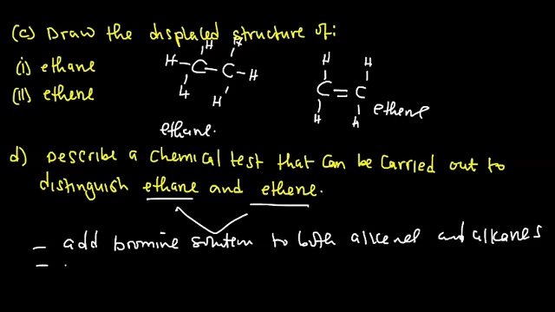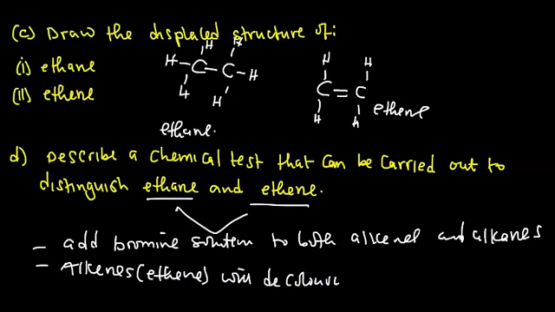Now how do you distinguish them? The result will be that alkenes, which is ethene, will decolorize bromine water. Okay, so in short, alkenes, when a bromine water solution is added to it, it decolorises it.